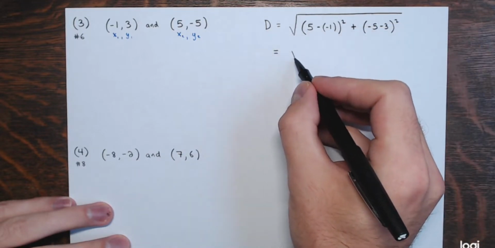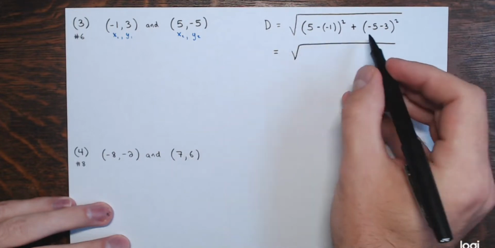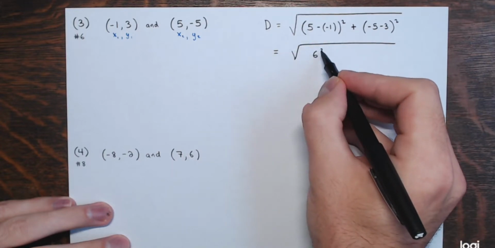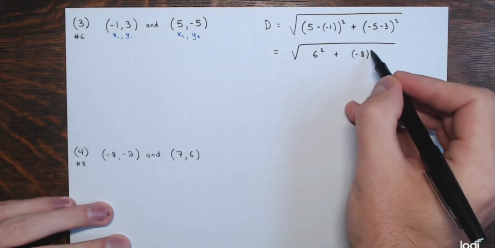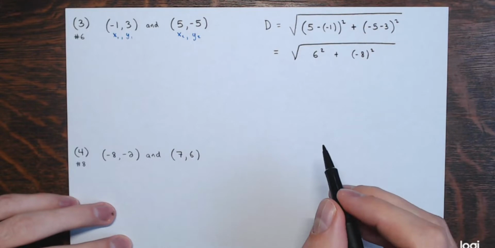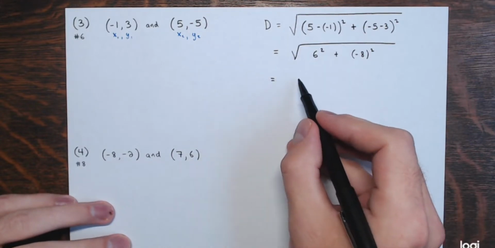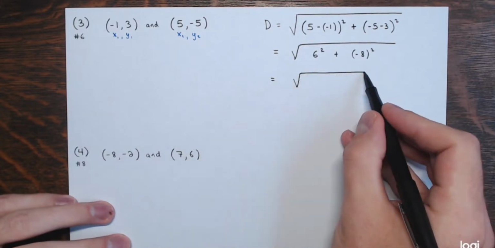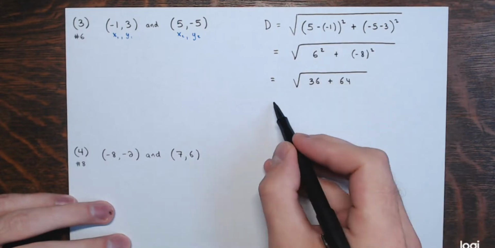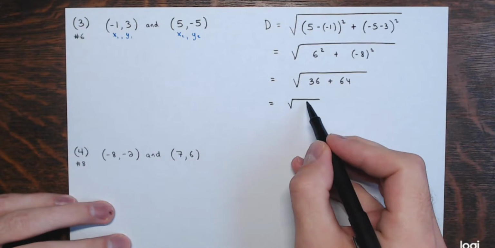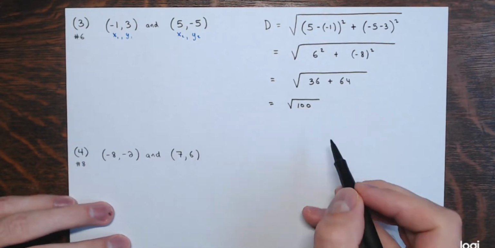Okay, so this is the square root of 6 squared plus -8 squared, but it's going to be squared, so it'll end up being positive anyway. So it's the square root of 36 plus 64, the square root of 100, which is again 10.